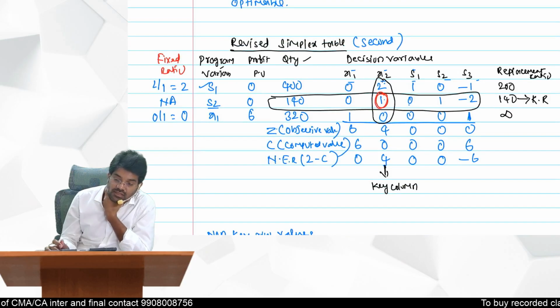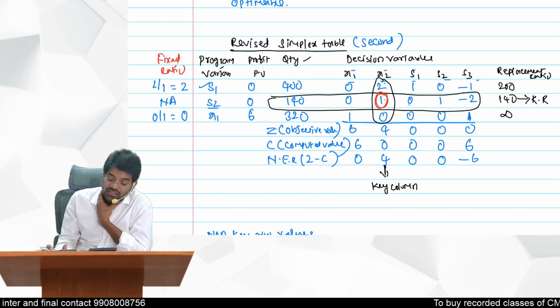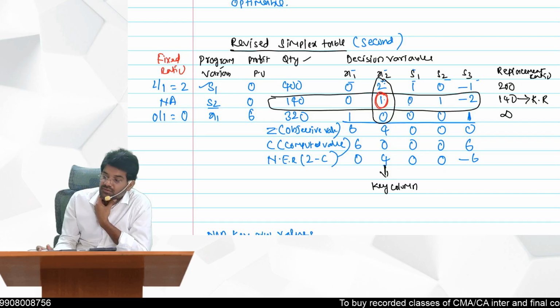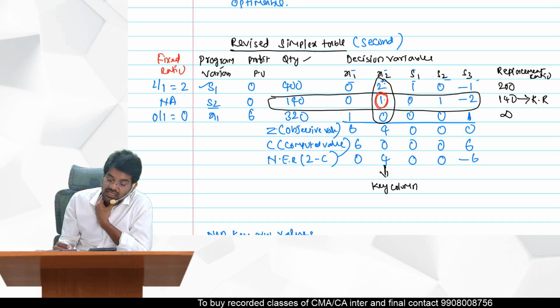Now the fixed ratio. What is the fixed ratio we got for this row? 2 into the corresponding key row element. The key row element here is 0, and the fixed ratio is 2, so 2 into 0.